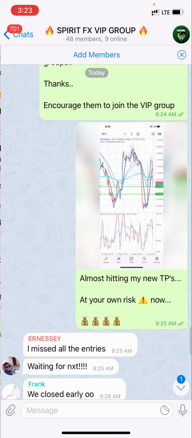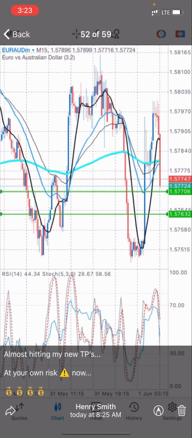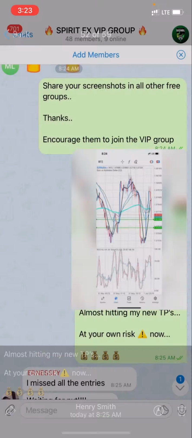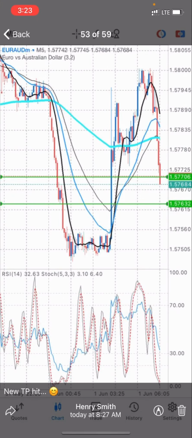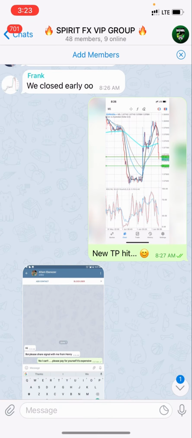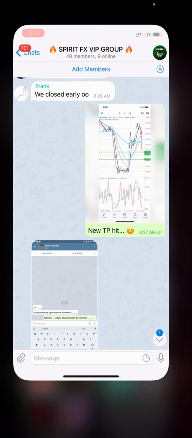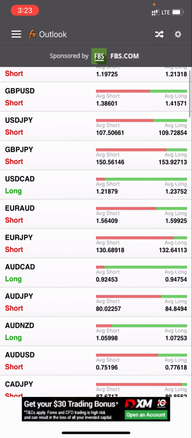These are screenshots from members. Then this is me sharing new TPs, and both new TPs actually hit. This is the new TP1 hits. So what I'm saying in essence is EUR/AUD actually sold in line with my FX book, as you can see here.